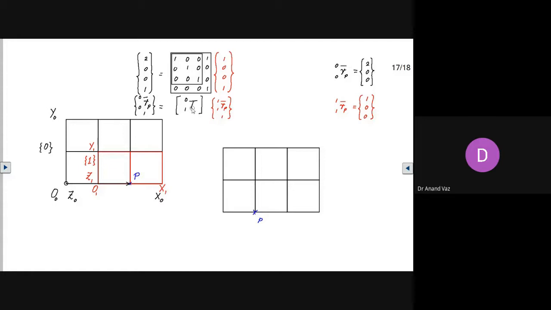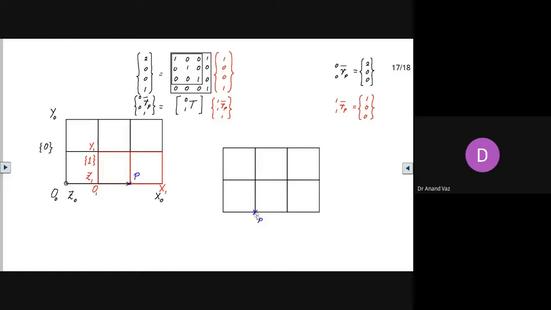It has been shifted right by 1 unit. And how did you get that shift? You just shifted the origin by 1 unit to the right, 1 unit along the x-axis, keeping the y and z unchanged.